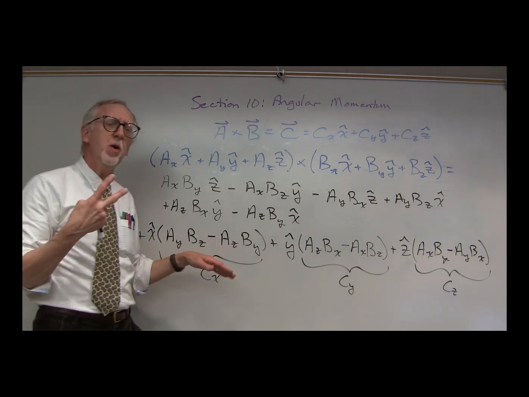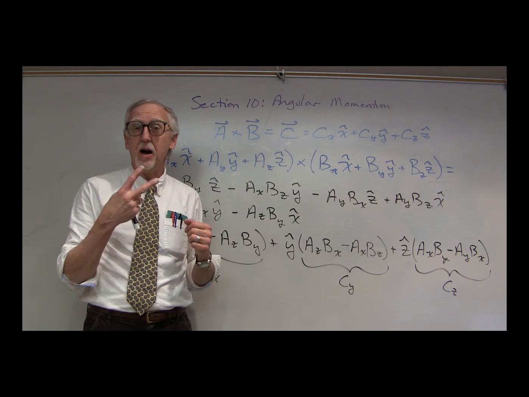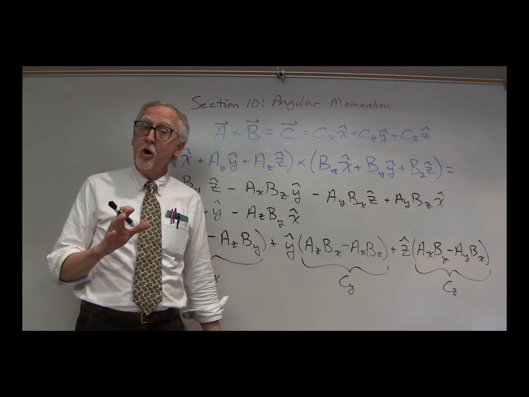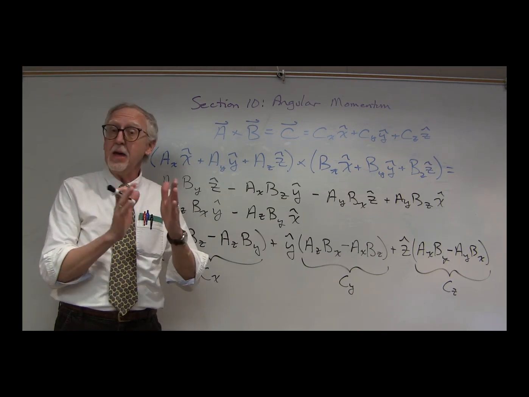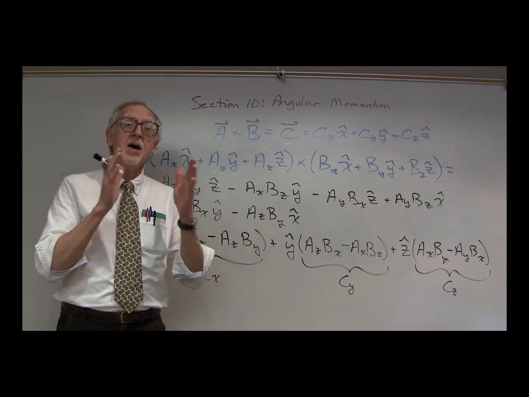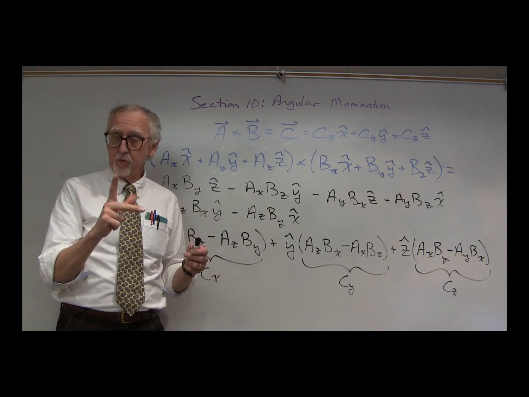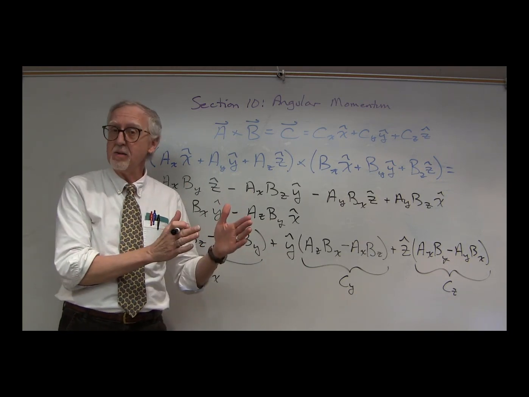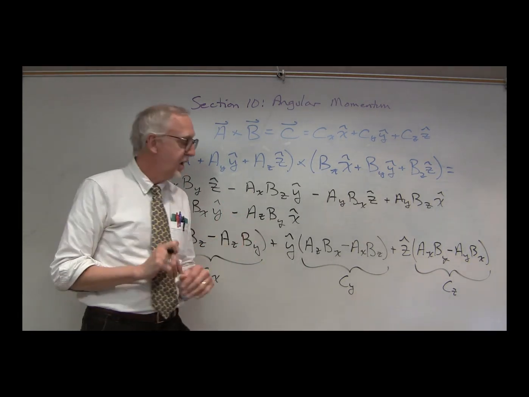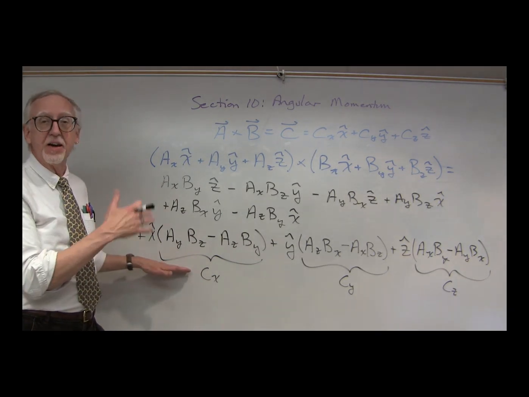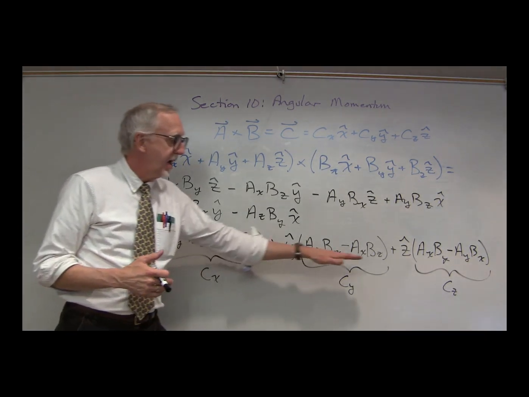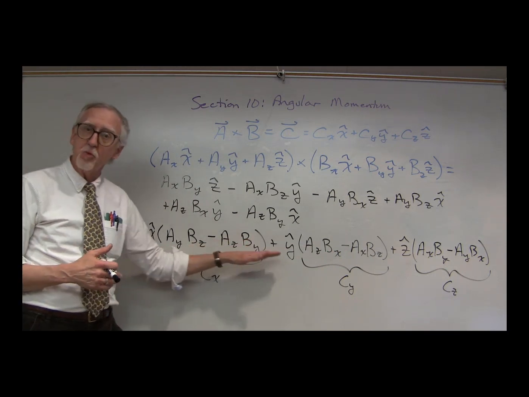So we've got two ways of determining the cross product of a vector. We know that A cross B is equal to, in magnitude, AB sine phi, and the direction we get by the right-hand rule. So that's one way that we can determine a cross product. And then we can determine a cross product if we know the components of the vectors A and B. We can combine them and find the cross product in this way.